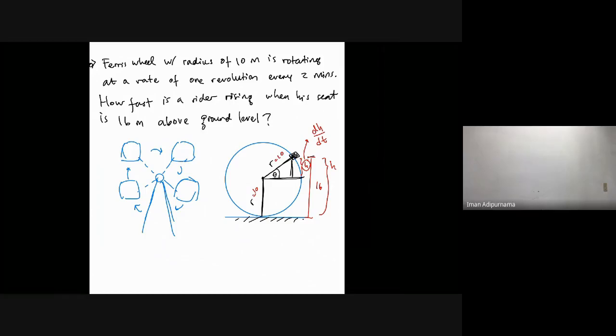Okay. You can try from H here or here, it will be the same conclusion. Because at least you need to include the radius 10 and the ground level is 16. And you need to solve based also on this triangle. Let's say this is x.